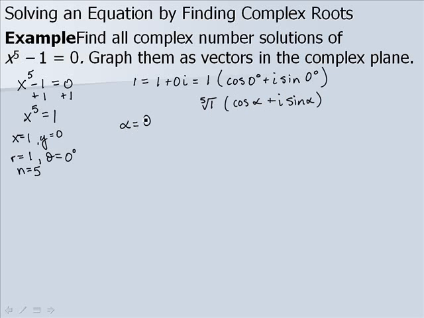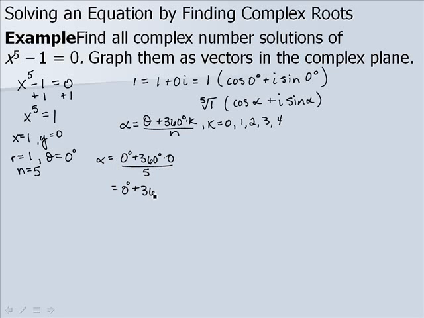And alpha is going to be theta plus 360 degrees times k over n, where k is 0, 1, 2, 3, and 4. So we'll have that alpha equals 0 degrees plus 360 times 0 over 5, 0 plus 360 times 1 over 5, 0 plus 360 times 2 over 5, and so on.